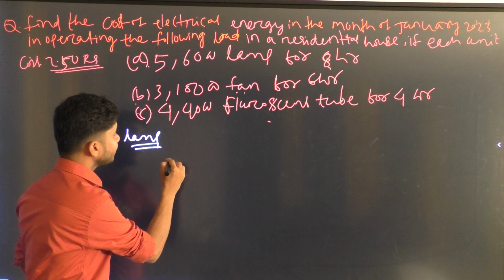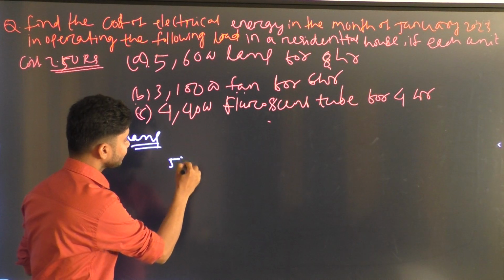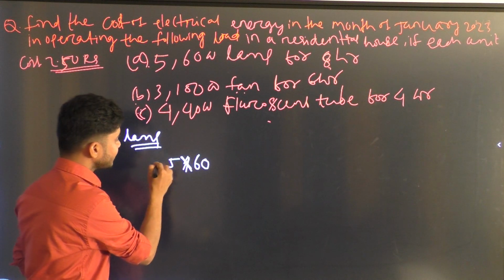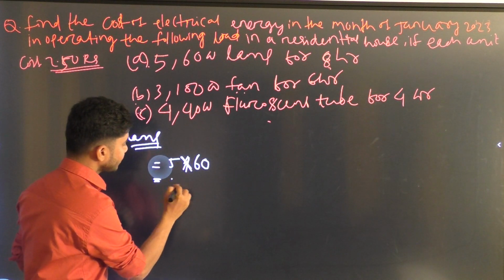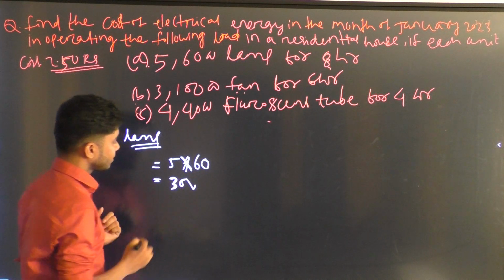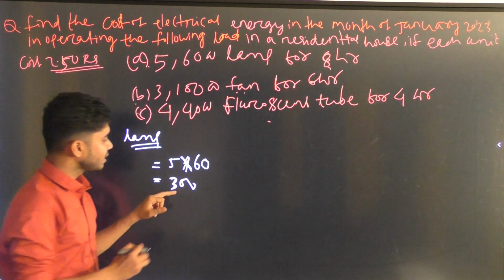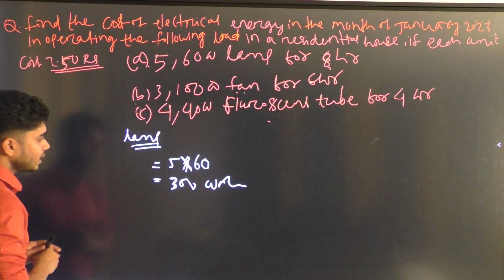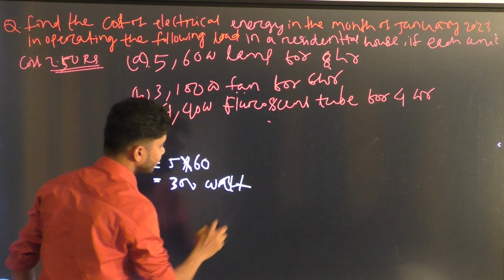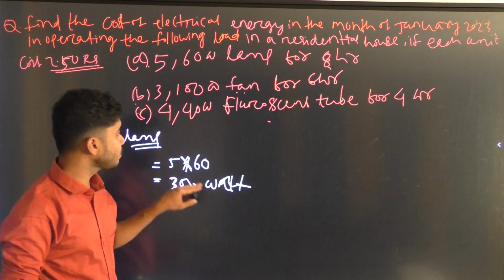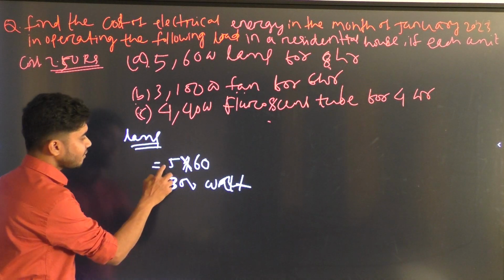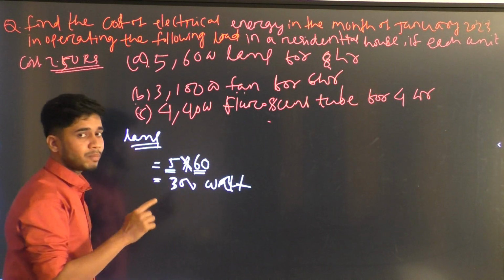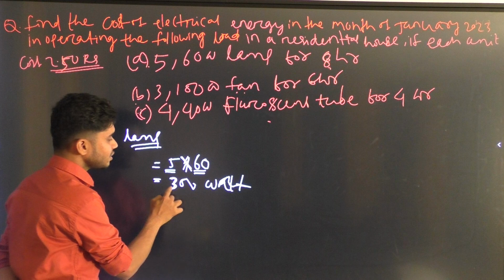It can be easily calculated by multiplying 5 with 60. 5 into 60 is basically 300, so 300 watt is the total power consumed by the lamps.